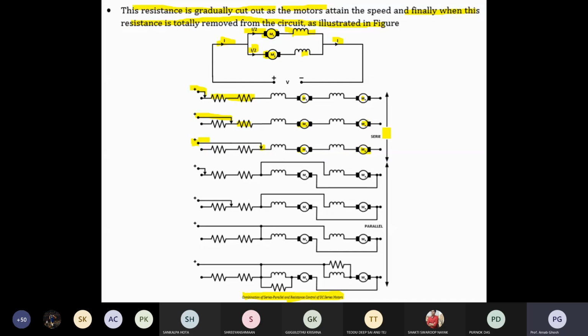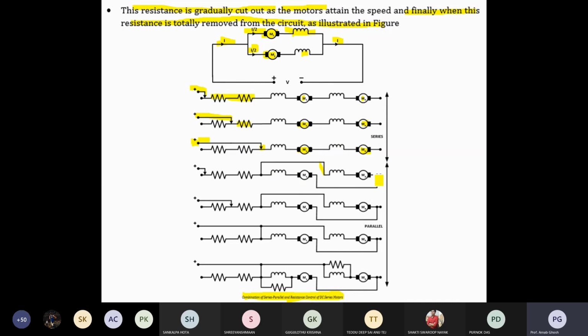Now you want to change the current, so the current should be distributed. More current may damage the motor, so you use the changeover switch to make this position, and that one is connected here, so it is parallel.